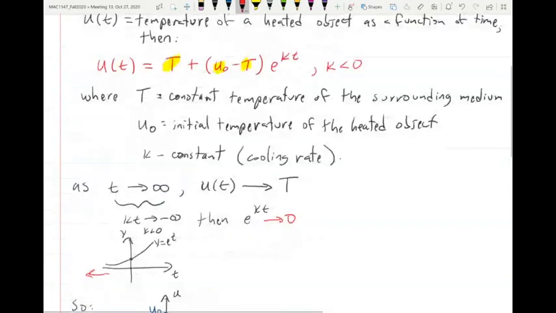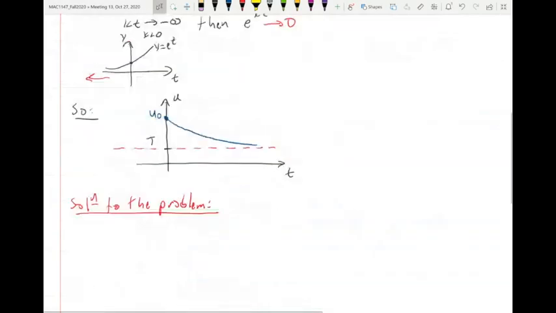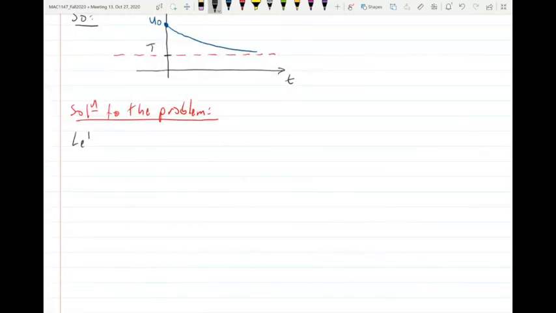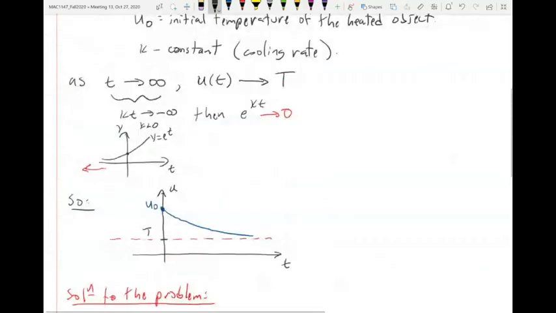So remember, in the problem, the object in question is a cheesecake that was heated to an initial temperature of 165 Fahrenheit, and then it was placed in the refrigerator to be cooled down. So we're going to let u of t tell us the temperature of the cheesecake. Now, question: should we consider time in terms of minutes, hours, seconds, years?